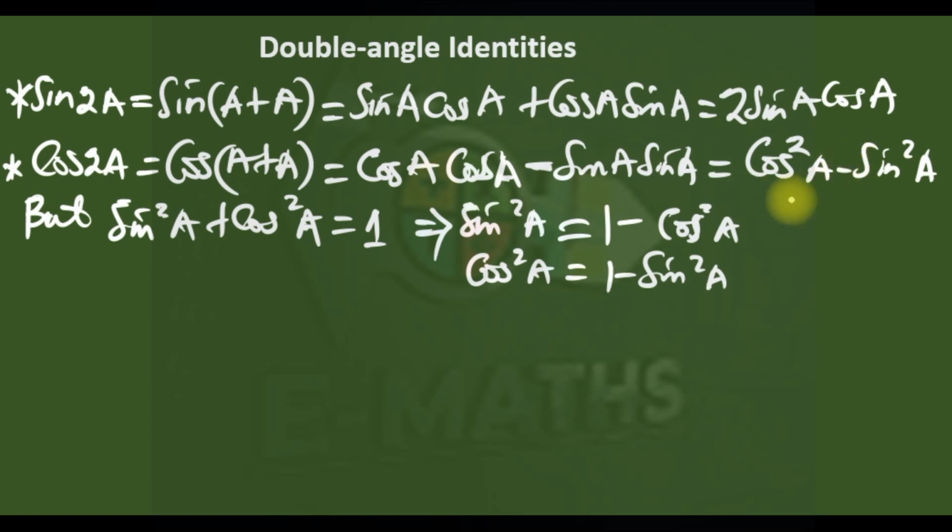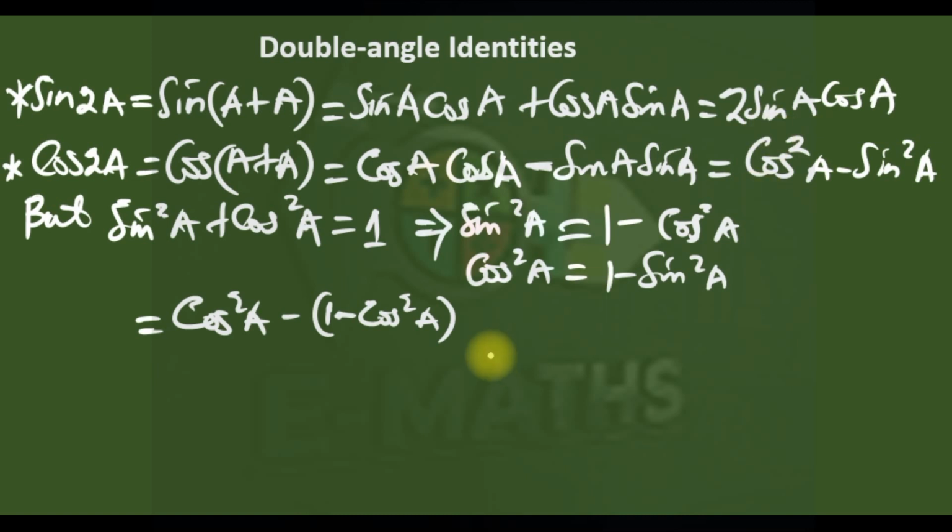So if we want to get cos 2a in terms of cos only, we want to eliminate sine. So we substitute sine squared as 1 minus cos squared. Wherever I see sine squared, I replace it, because I want the answer to be in terms of cos only.